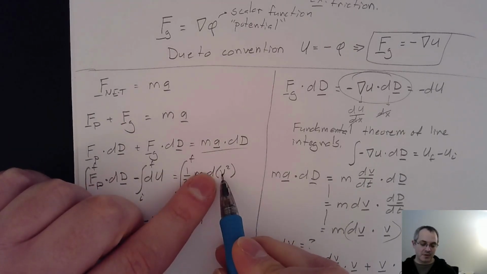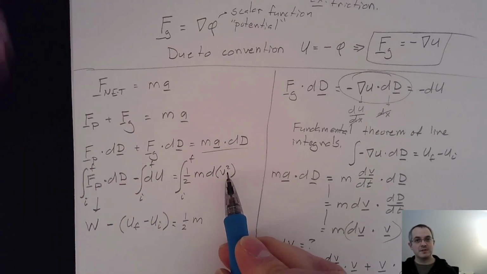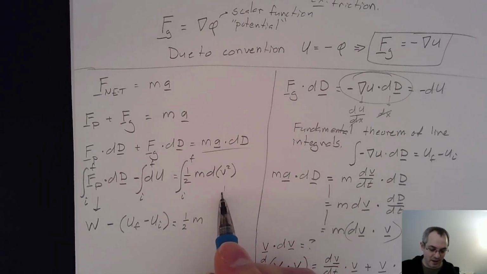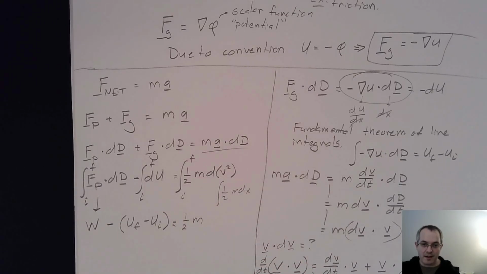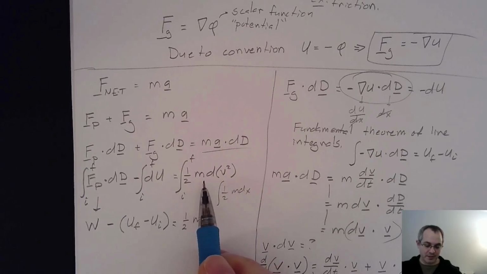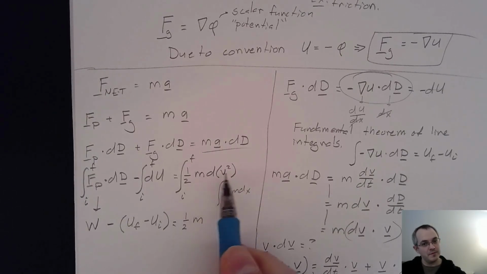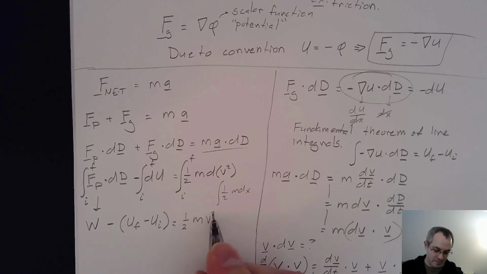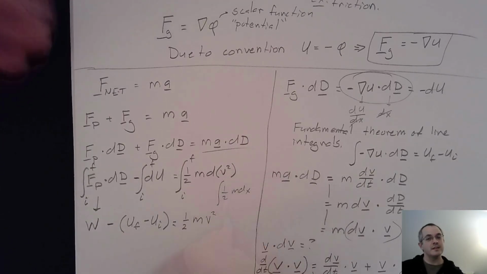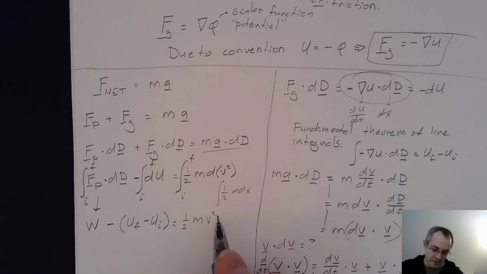That means the variable that we're integrating with respect to is just v squared. So it's just like if we had a 1/2 m dx and asked you to integrate that, well, it would just be 1/2 mx, right? This one's just going to be 1/2 m v squared, for exactly the same reason. It's this thing that follows the d that tells you what that integration variable is. And that's going to be evaluated from i to f.